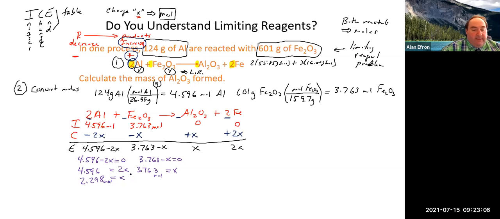At this point, what we are looking for is the smallest x value. The smallest x value will be your limiting reagent. So in our particular case, the smallest x value is this guy here. And that means that you really don't need this guy.